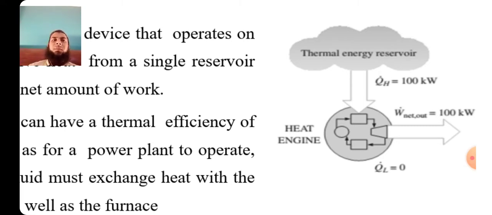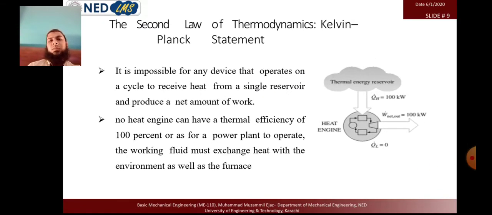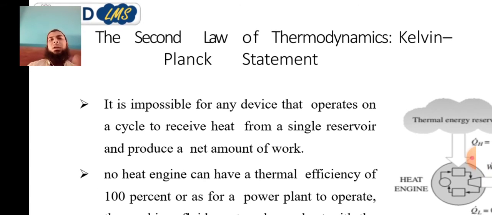So if we combust 100 kilowatt of energy, that cannot be converted into 100 kilowatt of work; some of the energy will definitely be lost in the surrounding or heat sink. So it is defined by the simple Kelvin-Planck statement.